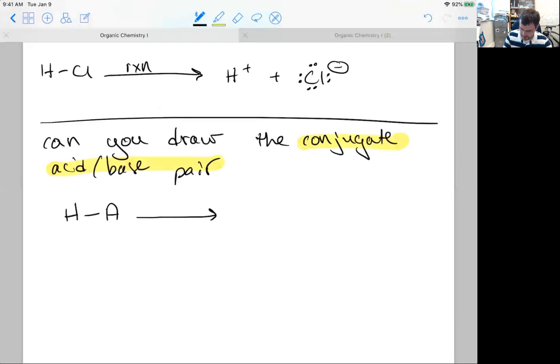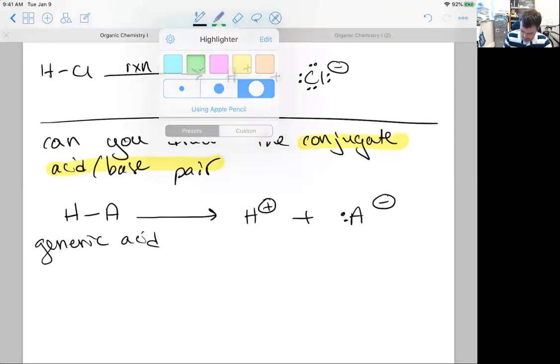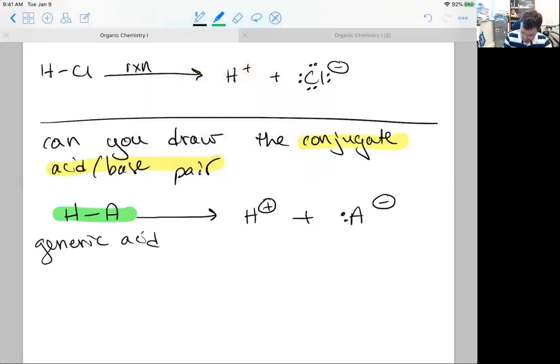Here is our generic acid. It's reacting like an acid in that it's giving H+, and just to balance the equation, we have to leave behind A- with a lone pair of electrons. Now, some key terms here that I alluded to are HA and A-.